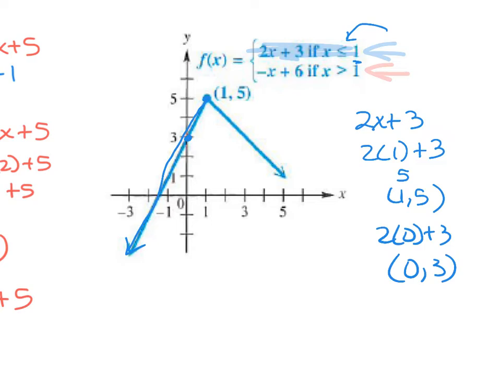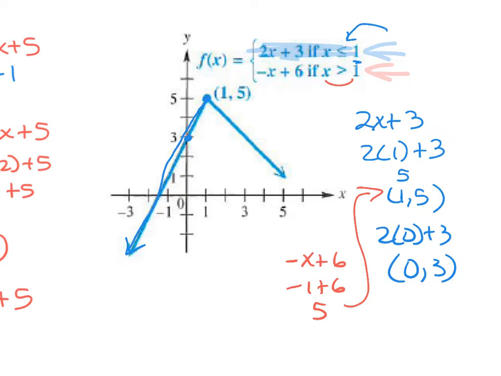And now I'm going to do the other function, and I'm picking numbers that are bigger than 1. Now, notice when we plug in 1, there's not an open circle on this graph, because when I plug in 1 into this function, I got exactly the same answer, and it was already taken care of from the other function. So let me pick a number that's greater than 1 and plug it in.